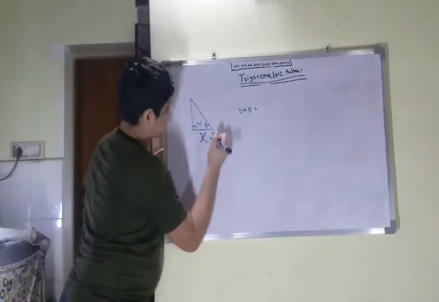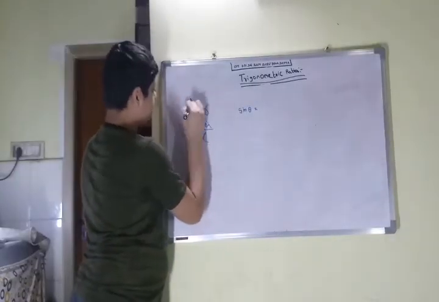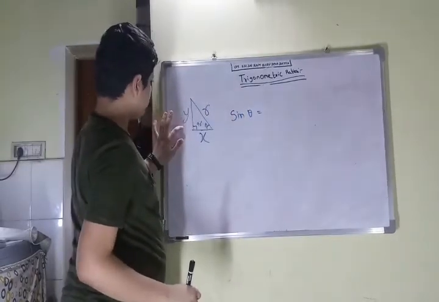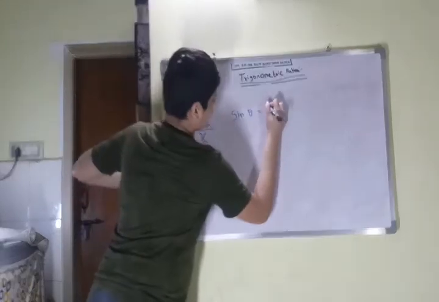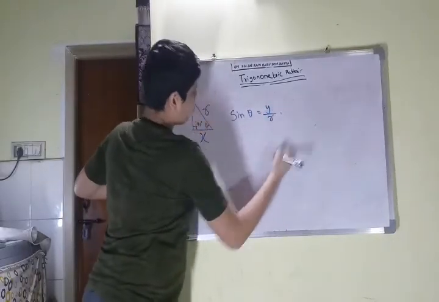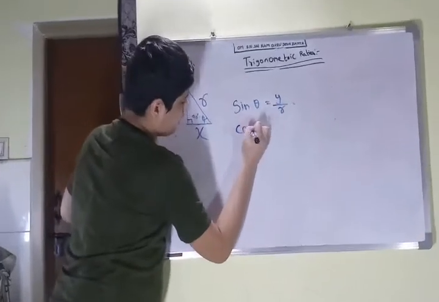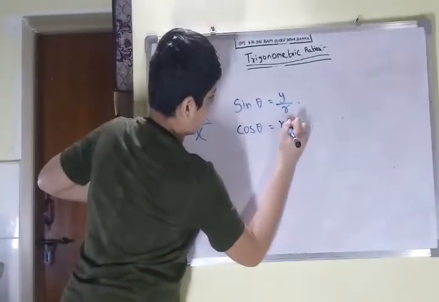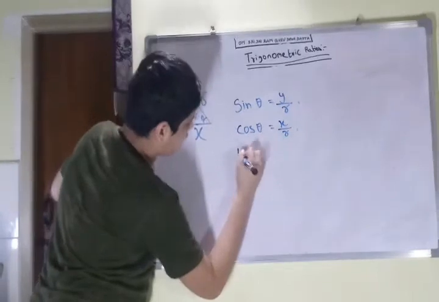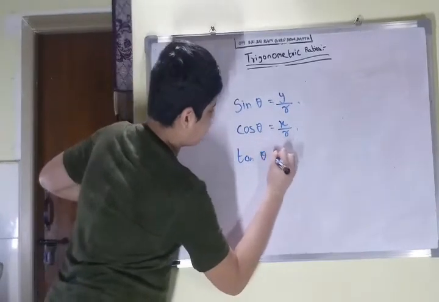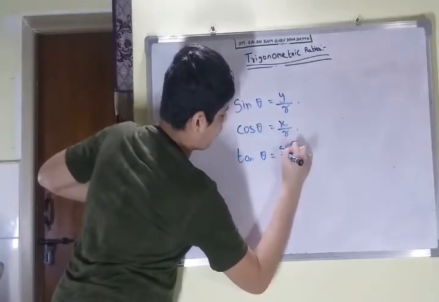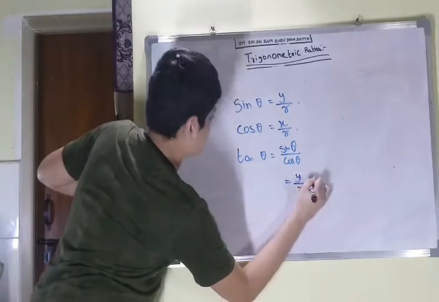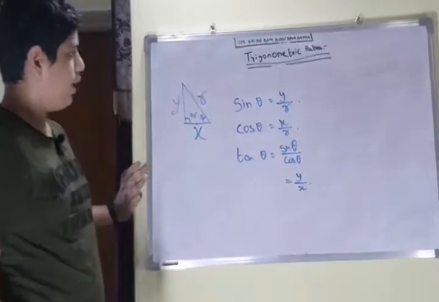Let this side be X, let this be R, let this be Y. Sin theta is equal to Y by R. Cos theta is equal to X by R. Now tan theta is equal to sin theta upon cos theta, which is Y by X. This you need to remember.